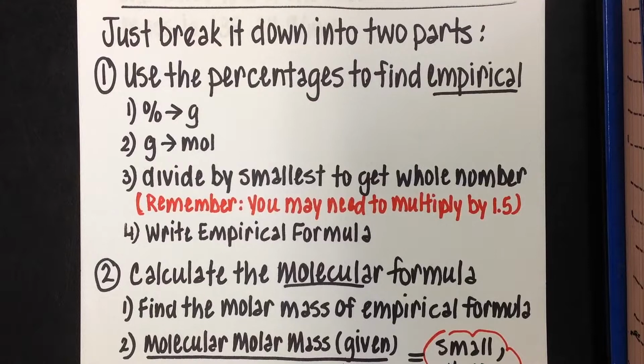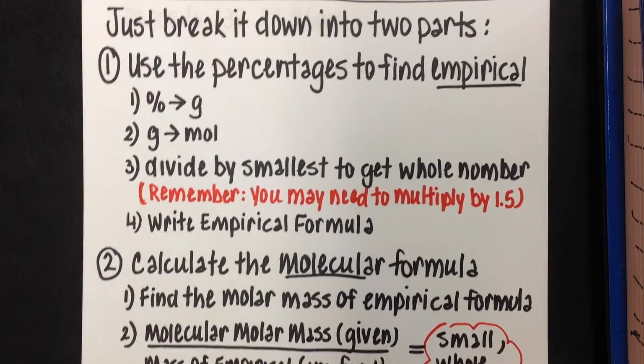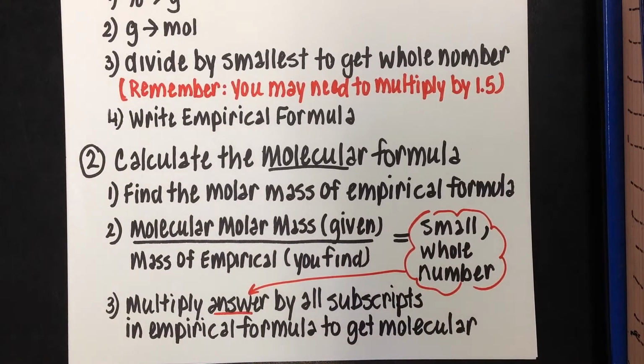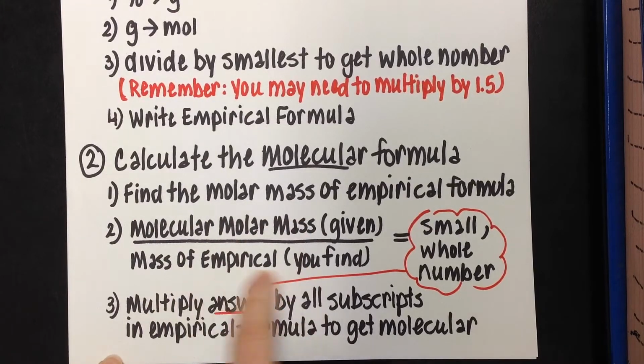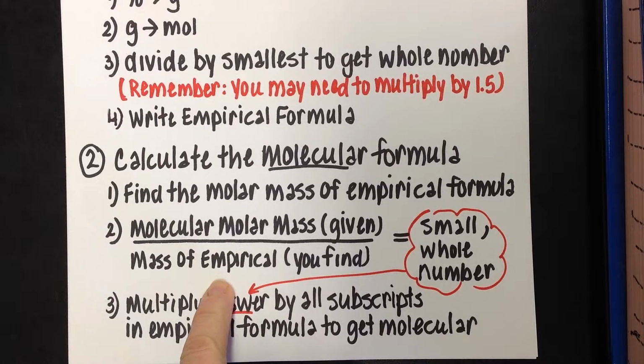Once you have found the empirical formula, you are ready to move on to the next step and find the molecular formula. Now, also in that problem, you'll be given the molecular molar mass. Sometimes that's called the experimental molar mass. That will be given to you in the problem. You are going to divide that number by the mass of the empirical formula that you just found. So you find the empirical formula and then you find its mass.